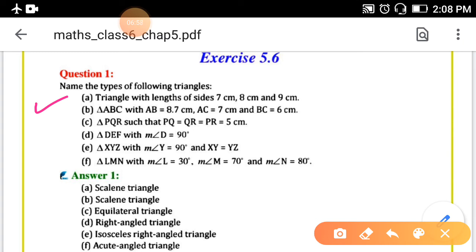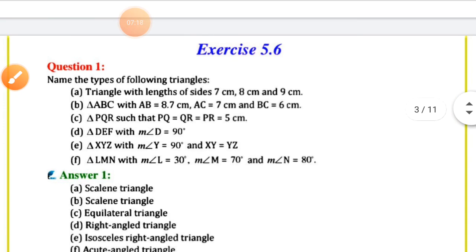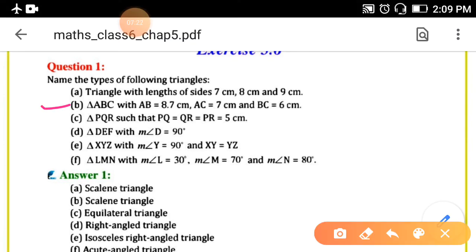First one, A: triangle with lengths of sides 7, 8 and 9 centimeters. All three sides are unequal, so it is a scalene triangle. Second one, triangle ABC with AB 8.7, AC 7 and BC 6. The lengths of all three sides are different, so it is a scalene triangle.